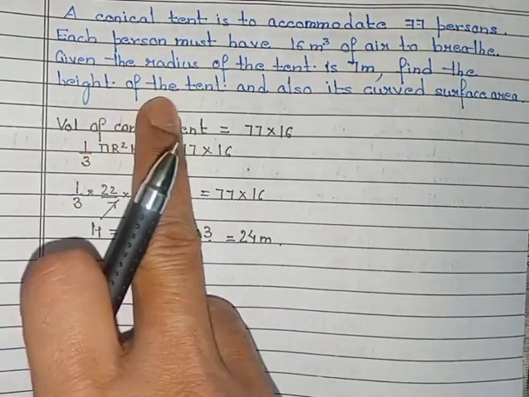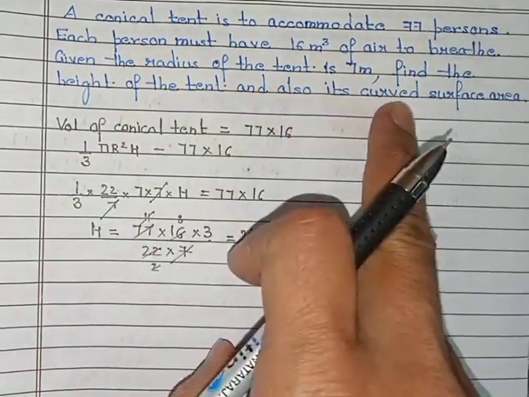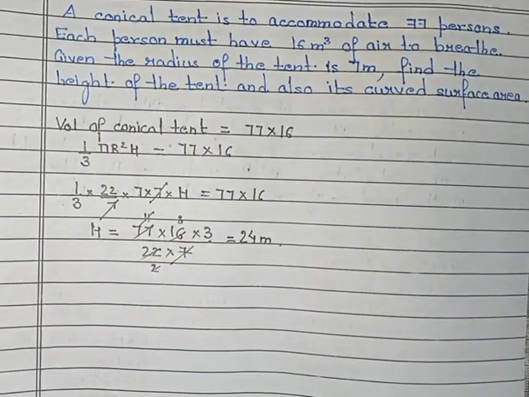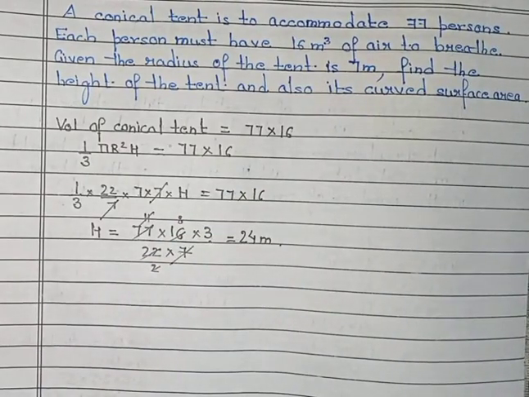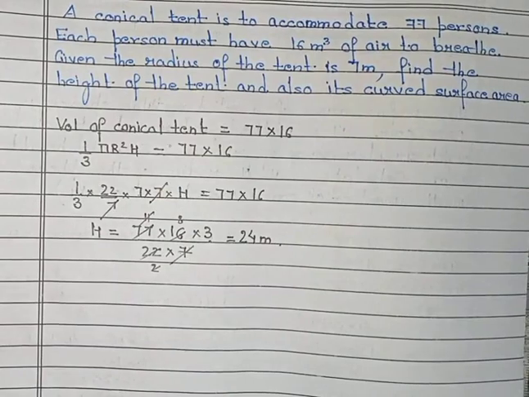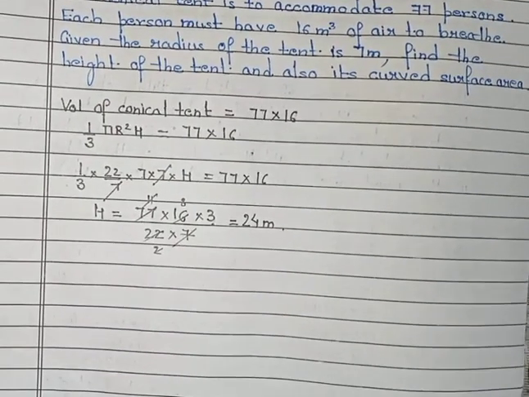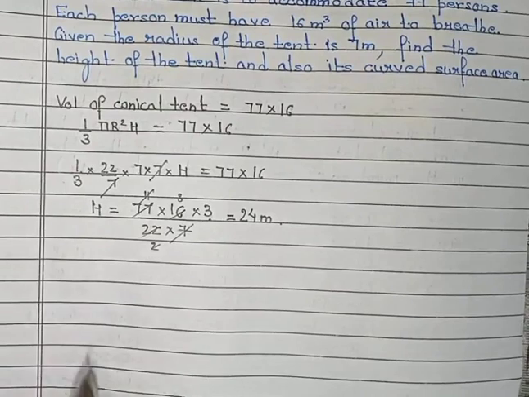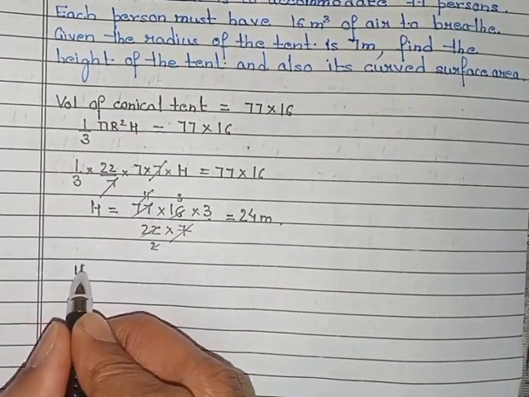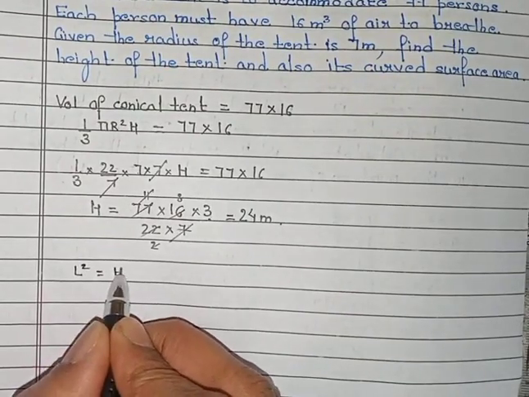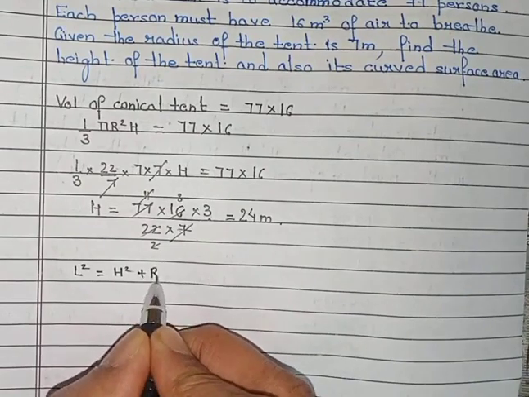So the first part says you have to calculate the height. Now you need to calculate the curved surface area. To calculate the curved surface area, we must know the slant height. How will you get the slant height of the tent? You must be knowing this relation: square of slant height is equal to square of height plus square of the radius.